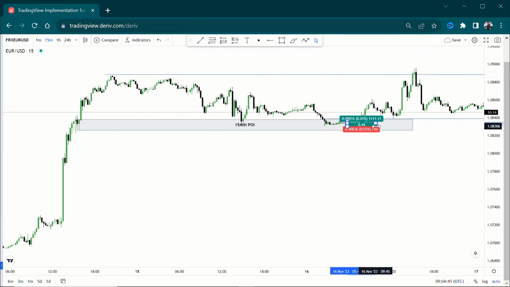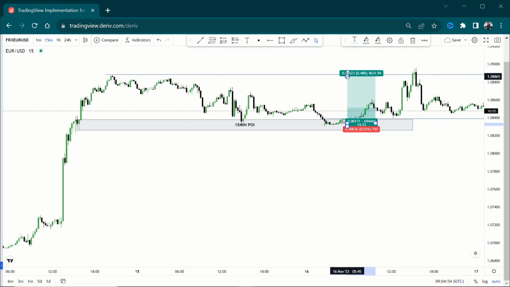You can just stretch it out right there. Yeah, that is where your point of interest, I mean, your target is going to be there.